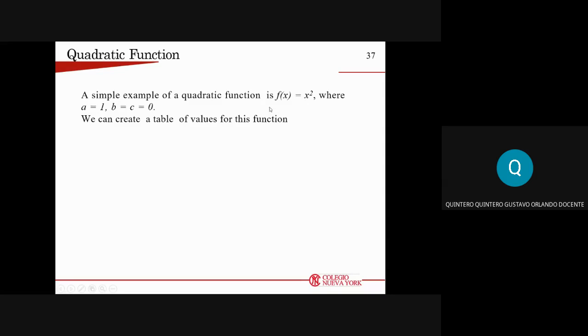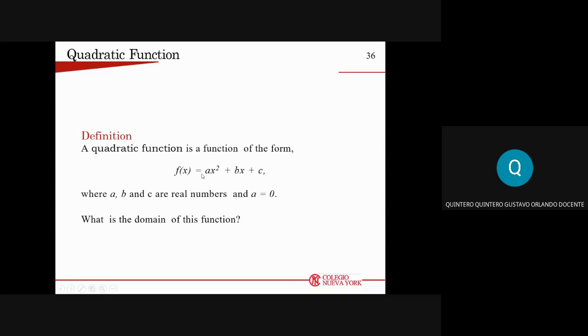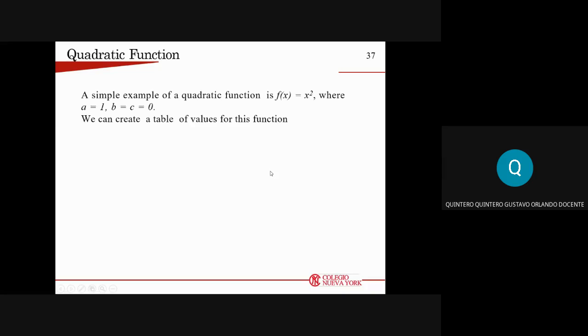A is 1, so we have 1x squared plus 0x plus 0. So we do have the same form of the equation, ax squared plus bx plus c. We do have the same form, only that the coefficient and the constant value are zeros. All right?